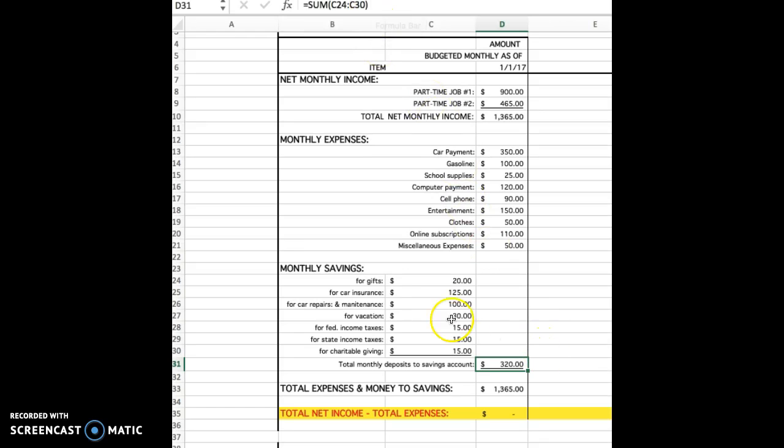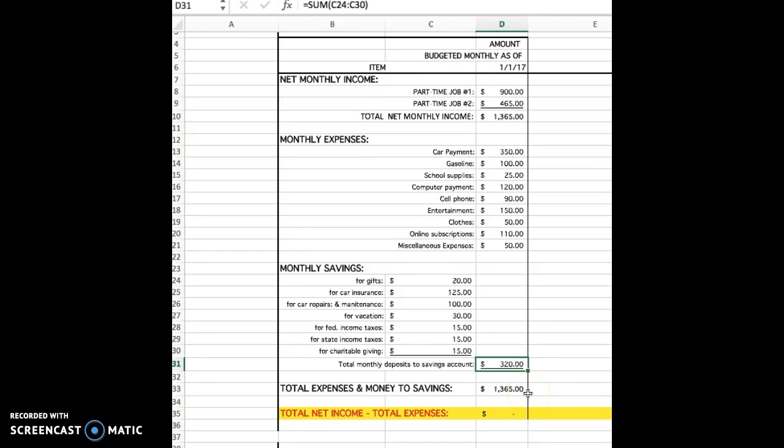That means we are adding column C, line 24, through column C, line 30. We're adding all these numbers, and that adds up to 320.